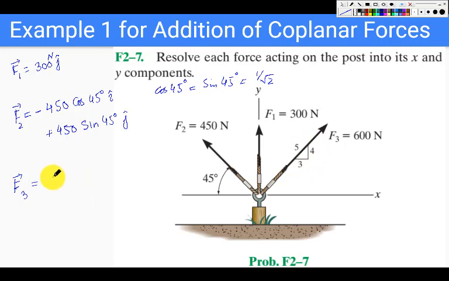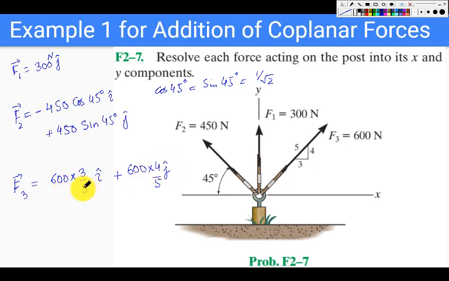So I can say that 600 times 3 by 5 I hat is the x component, because it has an I hat, and 600 times 4 by 5 is the j hat component.